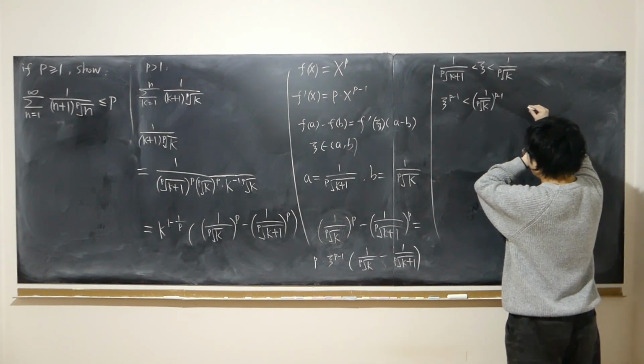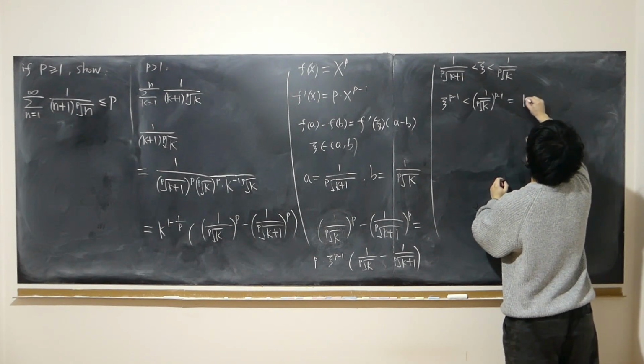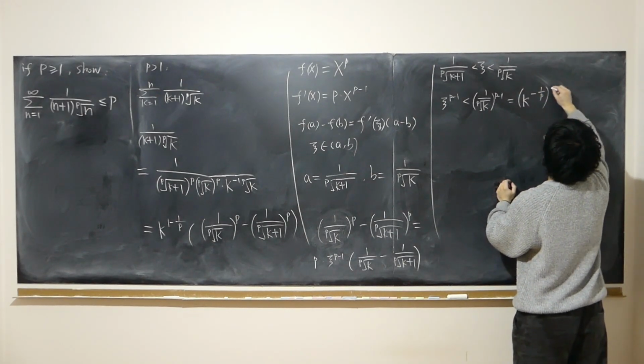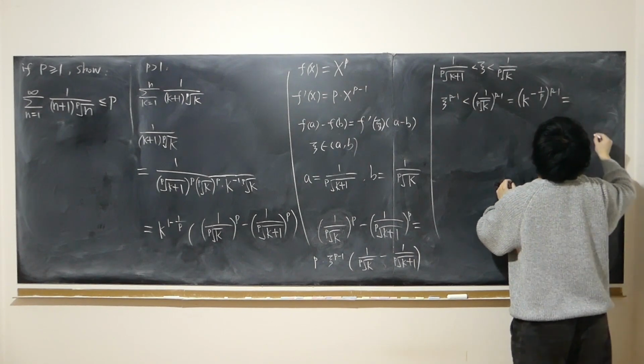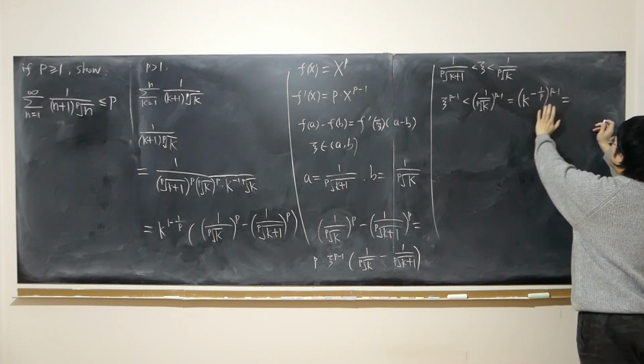All right, what is that? That is k to the power of minus 1 over p, right? To the power of p minus 1. Right? So we're going to multiply this onto this power.